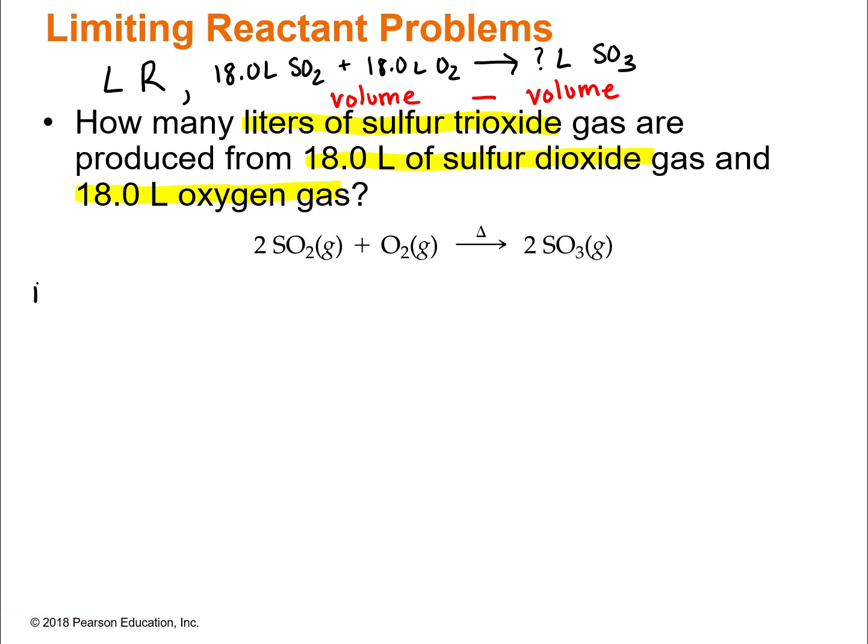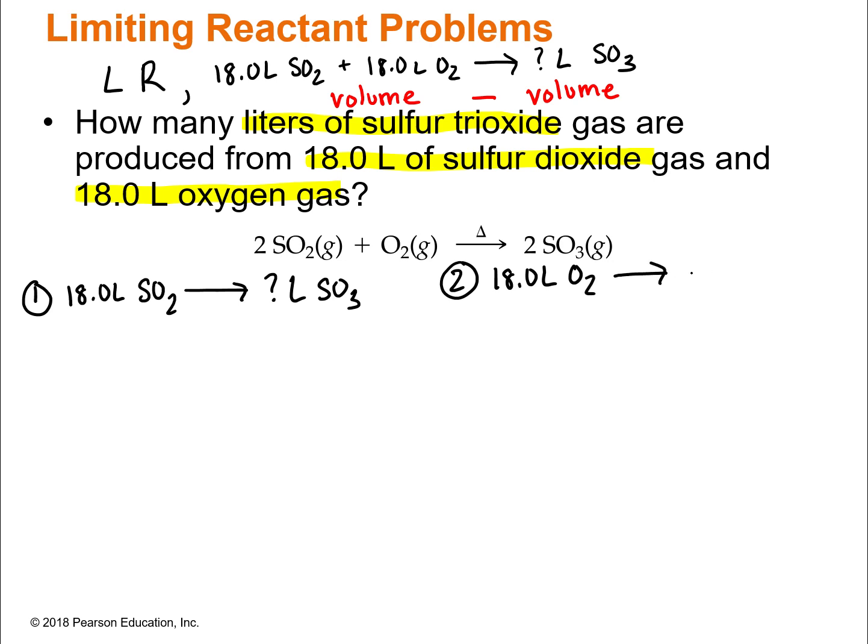We're going to have 2 equations that we need to make. The first is going to deal with the 18 liters of sulfur dioxide gas. We're going to figure out how many liters of product we make. Then we figure out if we have 18 liters of oxygen gas, how much product do we make?